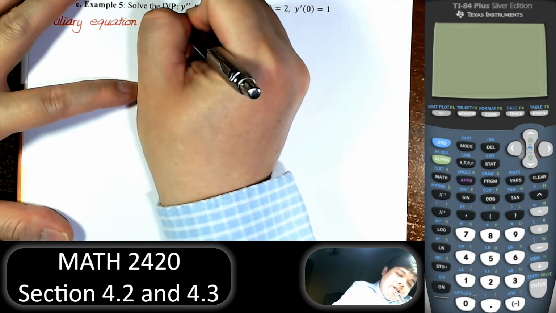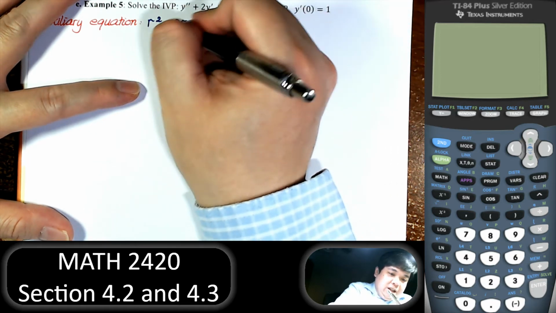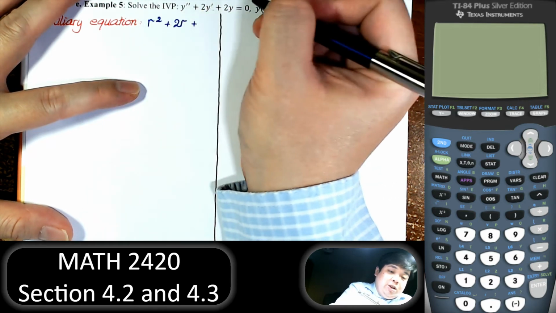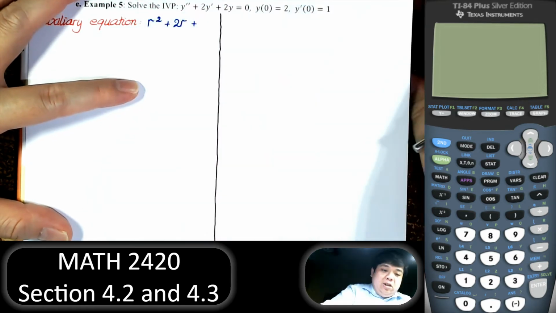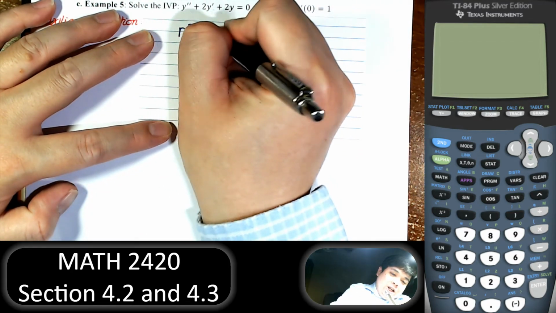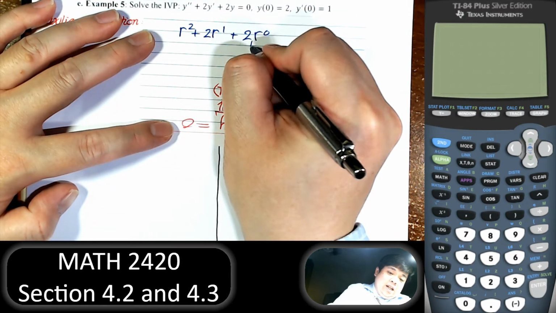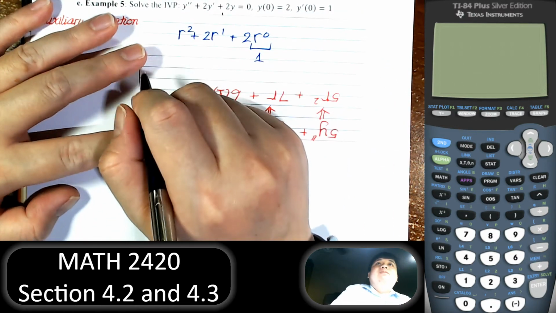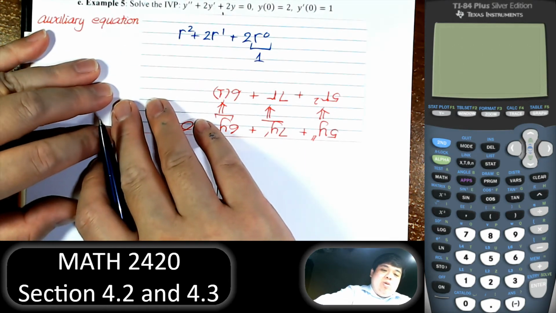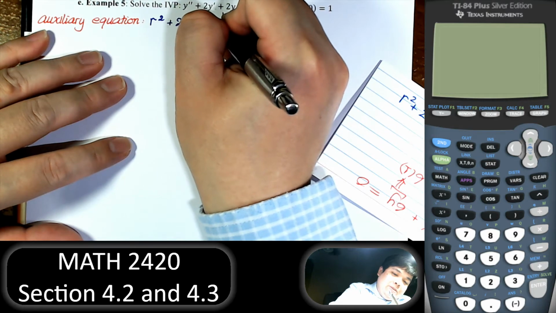First derivative is the first degree. The function is of 0 degree, meaning r to the 0 power. Of course, you can just write that: r squared plus 2r to the first plus 2r to the 0 power. r to the 0 power is 1. Certainly we can do that too if we want to, but we just say 2.